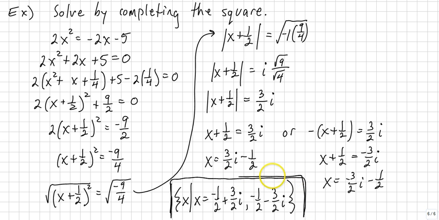That would be our solution set. So we have negative 1/2 plus 3/2 i and negative 1/2 minus 3/2 i. Our two solutions. And again, you can check by plugging these into the original equation and seeing that you come out with a true statement.